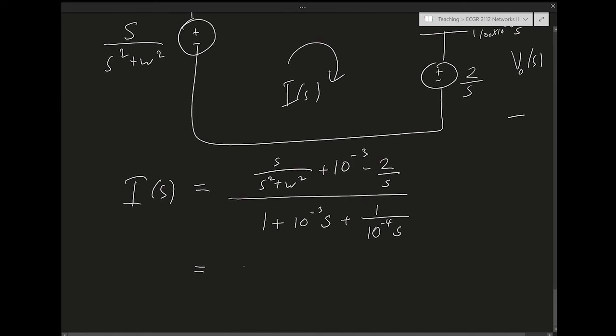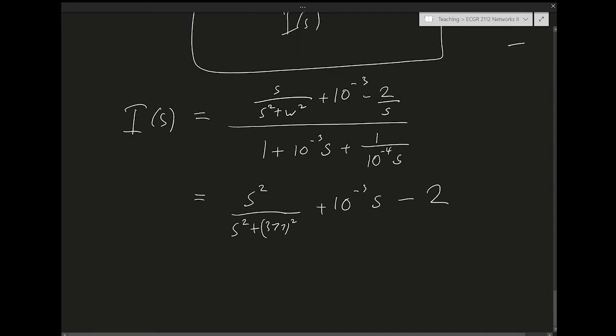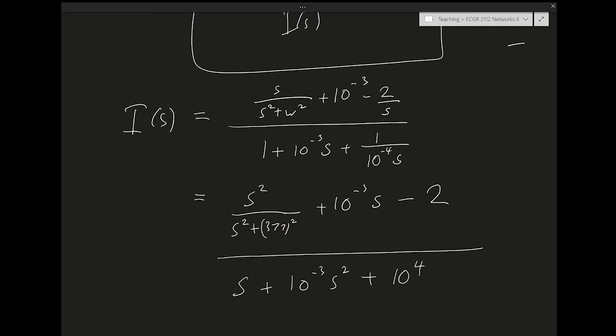So I end up with S squared over S squared plus 377 squared, I plugged in the value for omega, plus 10 to the power minus 3 S minus 2, divided by S plus 10 to the minus 3 S squared plus 10 to the power 4. So I took the 10 to the power minus 4 to the numerator, right?